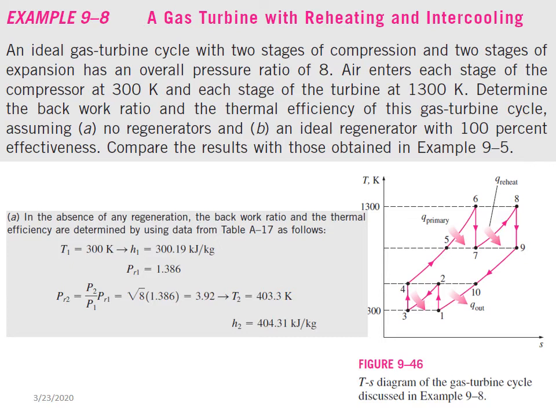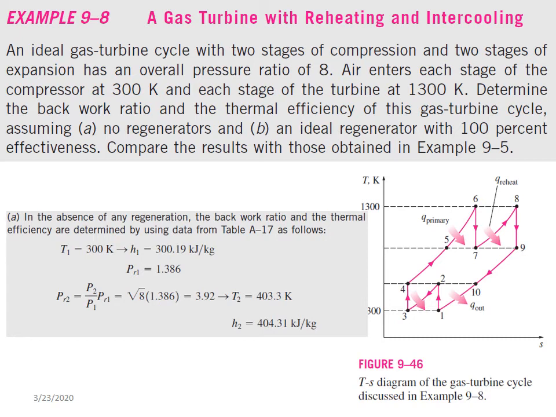At this temperature, from table A17, you will find h1, which is equal to 300.19 kilojoule per kilogram. At the same temperature, you will find the relative pressure at point number 1, which is equal to 1.386.